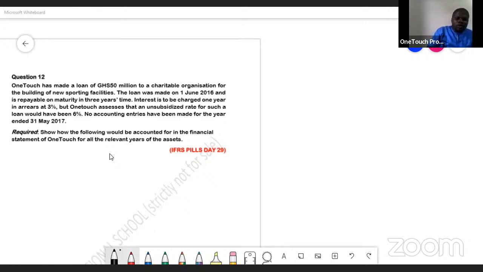So one side made the loan. So you know that they are talking of an asset. Made the loan of 50 million.